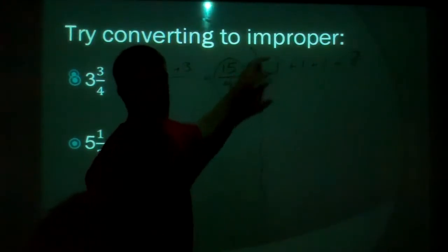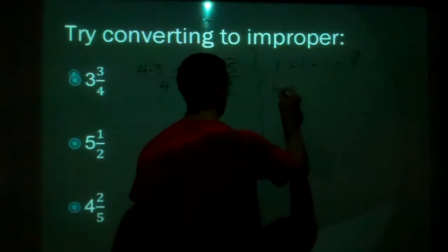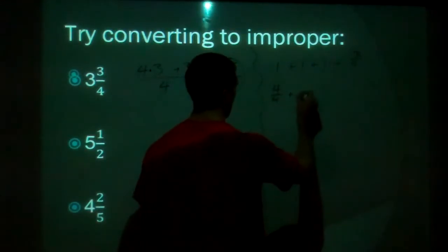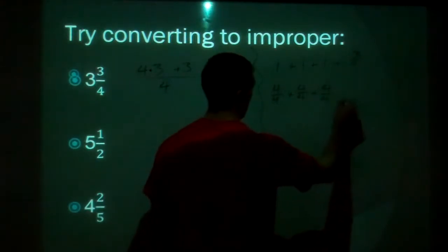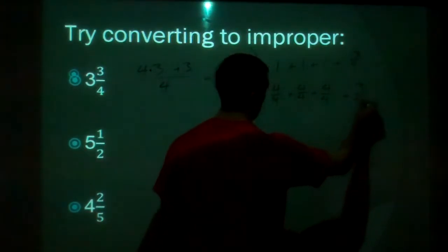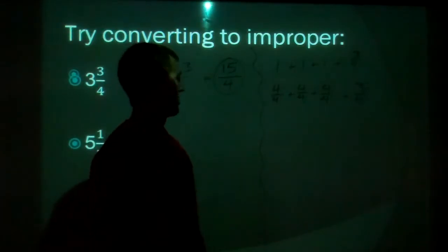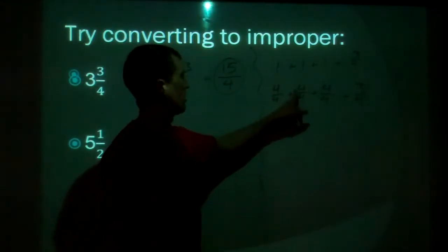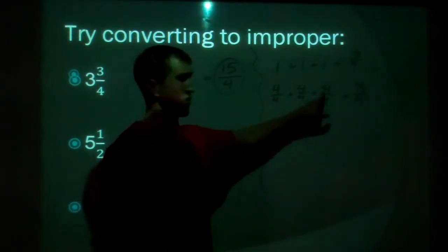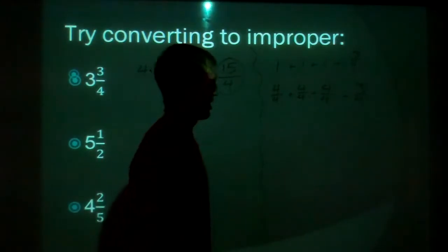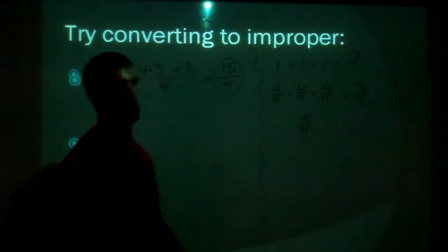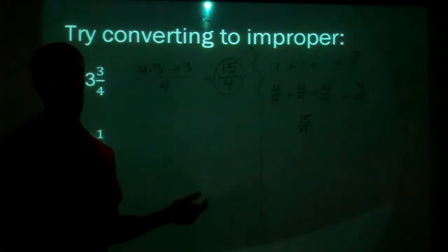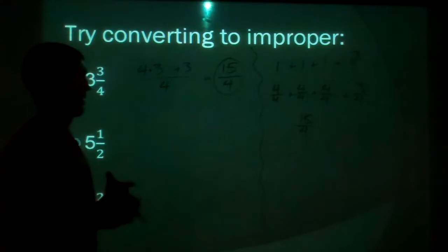So I'm going to rewrite these as 4 over 4. Plus 3 over 4. And we just add our numerators now. 4 plus 4 is 8. Plus 4 is 12. Plus 3 is 15. We still get 15 over 4. So that's the other way, a little bit longer, but then you can kind of see what's going on there.